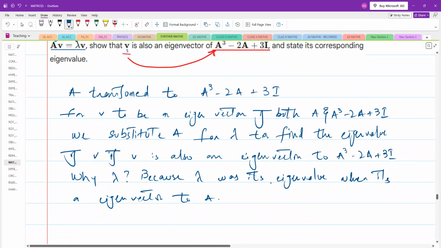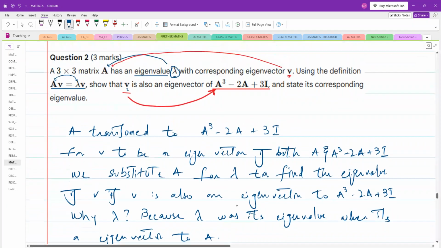Because lambda was its eigenvalue when it's an eigenvector of A. So essentially, to find the value of lambda for which V is also an eigenvector for this equation, we just substitute lambda into this equation in place of A. And that equation is going to be this equation.